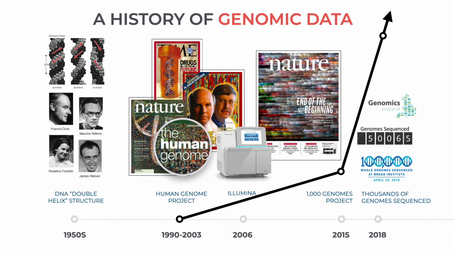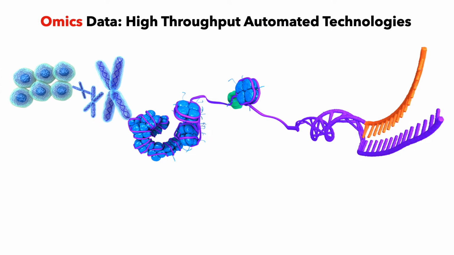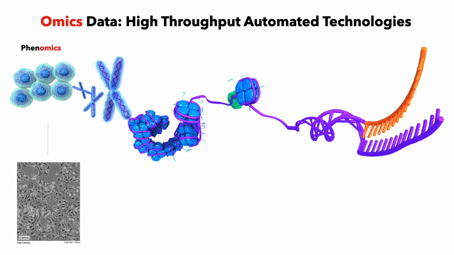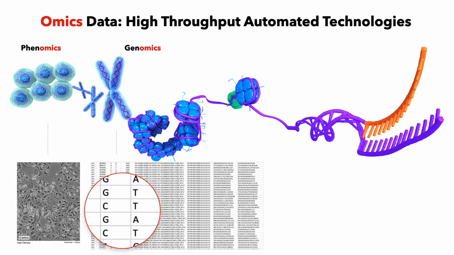Omics data, including such that is provided by next-generation sequencing, includes a variety of types. Phenomics refers to high-throughput imaging or characterization of phenotype. Genomics allows us to identify mutations in the genome. So what is the observed sequence compared to the reference?